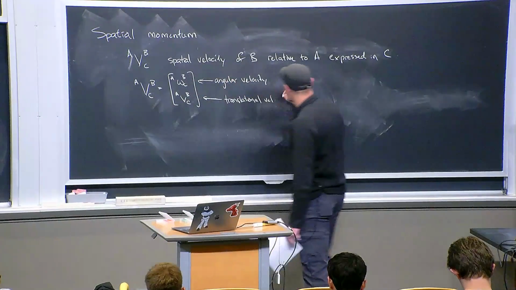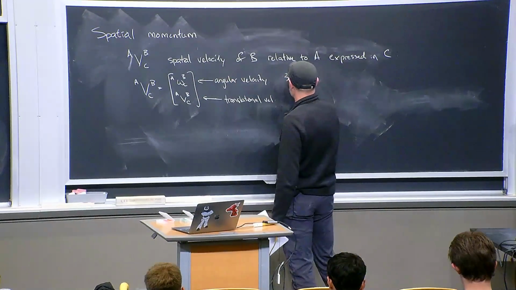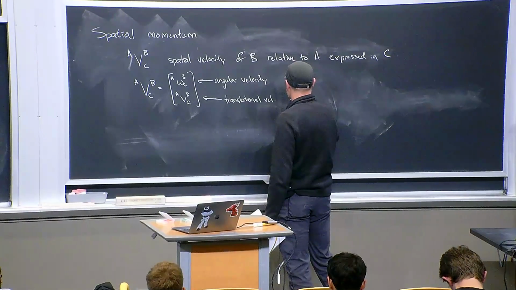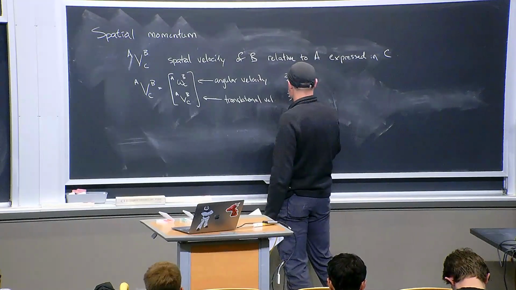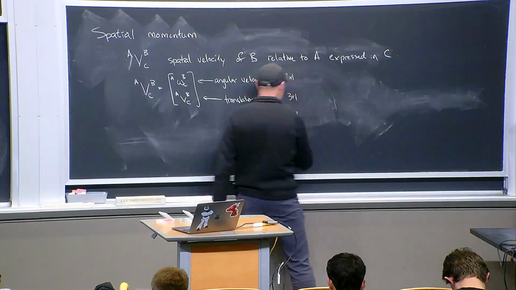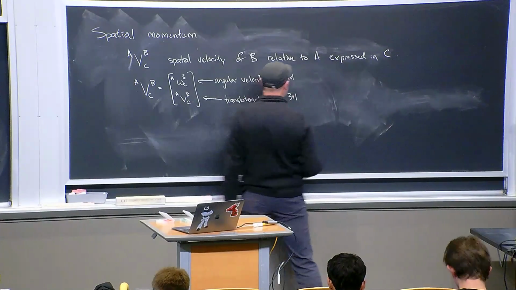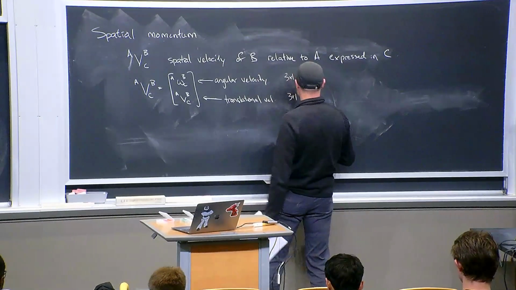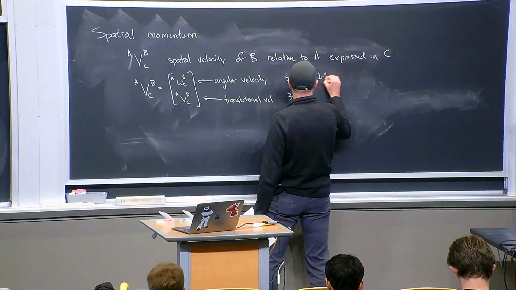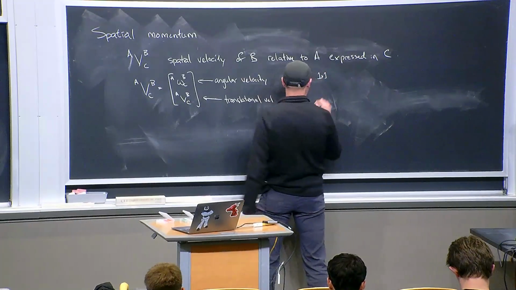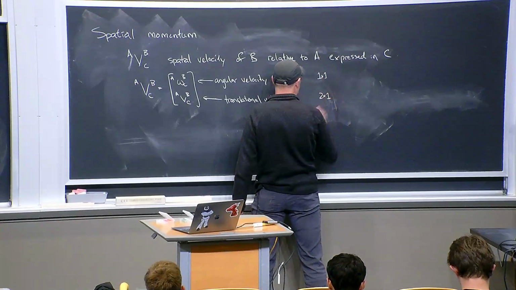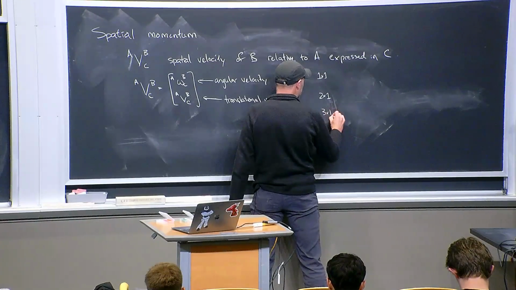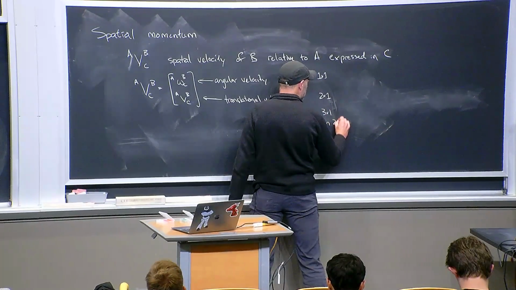So often, this is a 3 by 1 and a 3 by 1 vector to give you a 6 by 1 total vector in 3D. But in the plane, I just have one rotational component, theta, and 2 Cartesian coordinates, so this is a 3 by 1 in 2 dimensions.